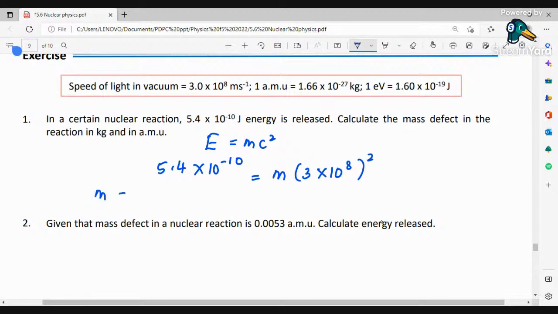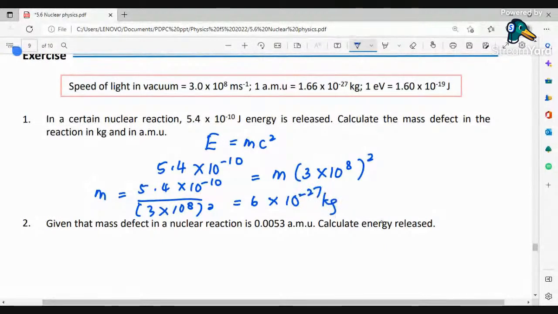So you get M equals... okay, this one is in kilogram.